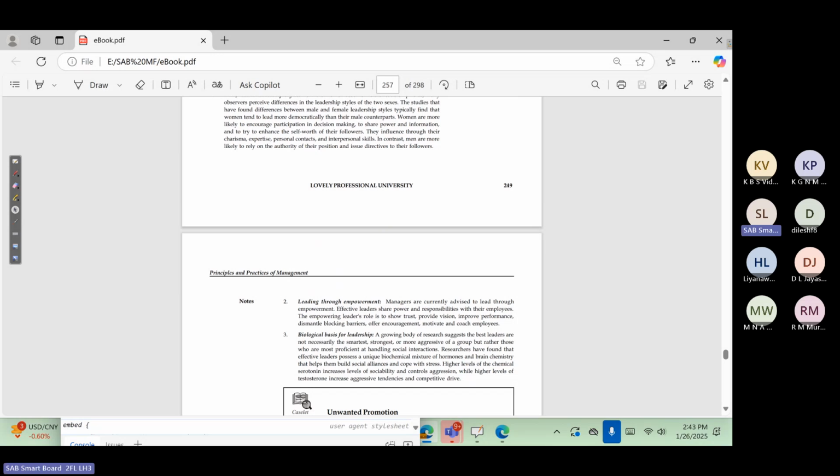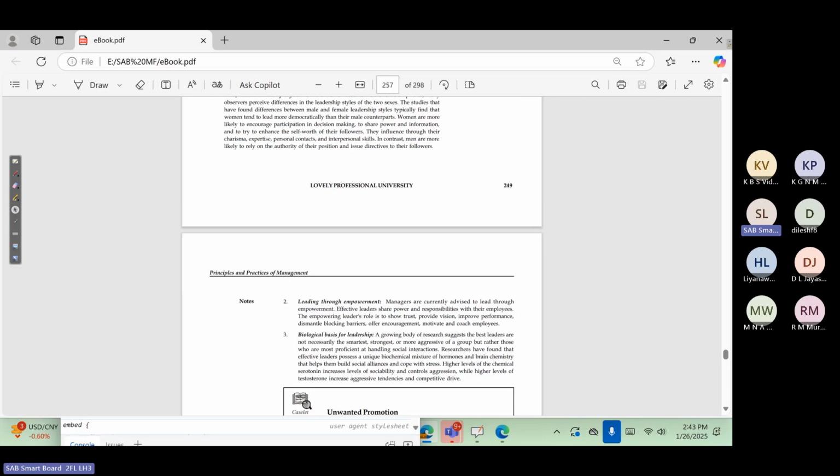Third one is the biological basis for leadership. The growing body of research suggests that the best leaders are not necessarily the smartest, strongest, or most aggressive of a group, but rather those who are most proficient at handling social interactions, environmental connections, relations.